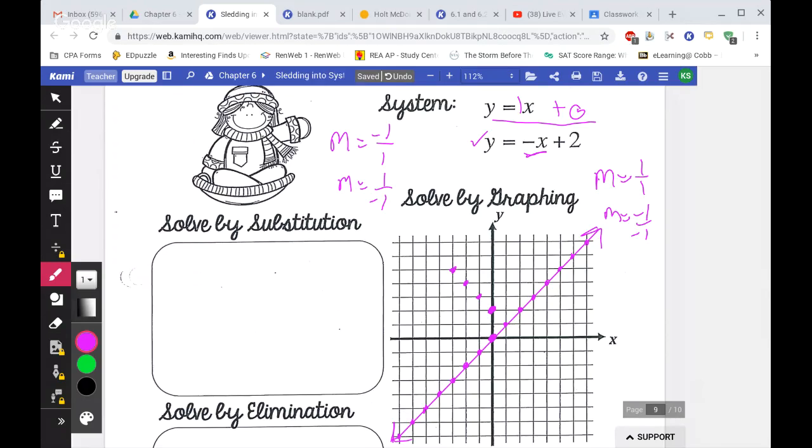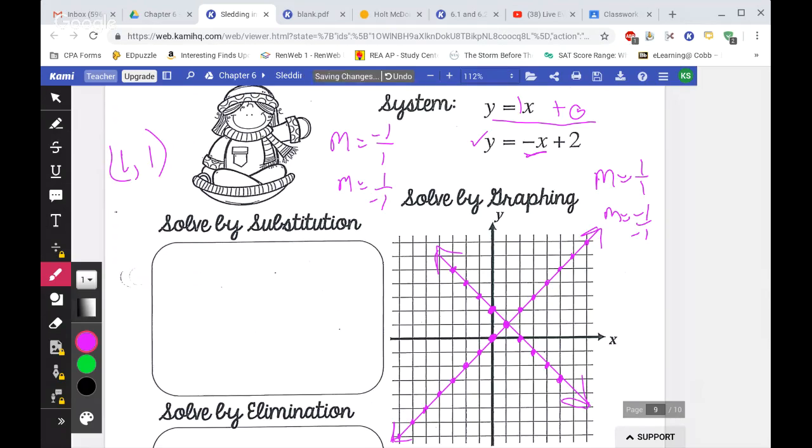But if I go down, I would go right 1. And there I've got it. I hit the same point twice. So I know that that's going to be the solution to this system of equations. Because if I color a dot over another dot, I know that I've got it right. Because that's what I'm looking for, is 2 points that match. All right. And that point is 1, 1.